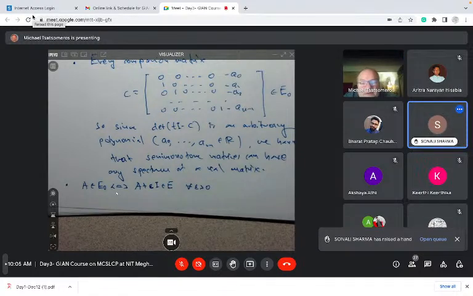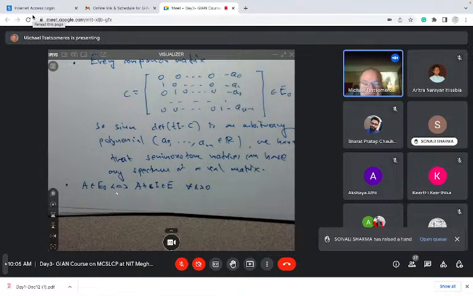The last entry in the companion matrix is minus a sub n minus 1. So that would force a sub n minus 1 to be less than or equal to 0. I'm just not able to understand how semi-monotone matrices can have any spectrum of a real matrix. Can you please explain it?